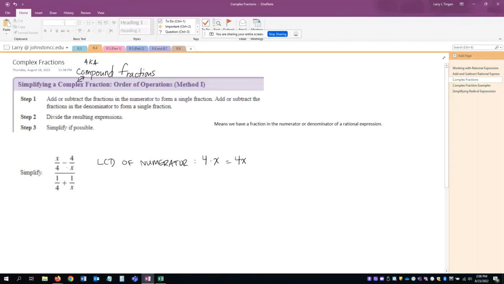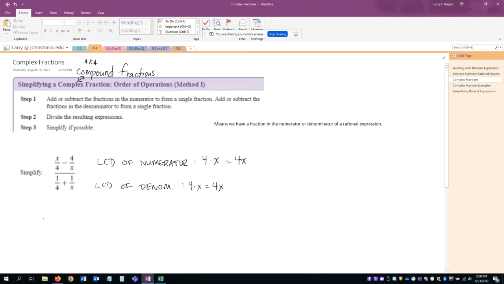So the common denominator I want for this subtraction is 4x. How about for the denominator? Well, it's 4 and x again, right? So I need to make the numerator into a fraction that has a denominator of 4x, and I need to do the same thing with the denominator.